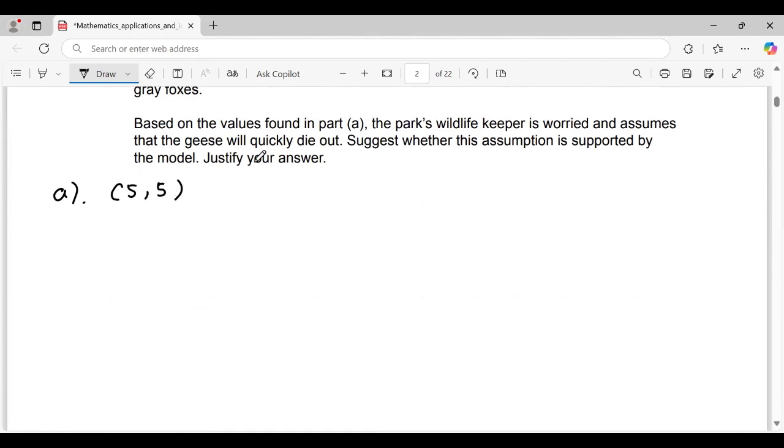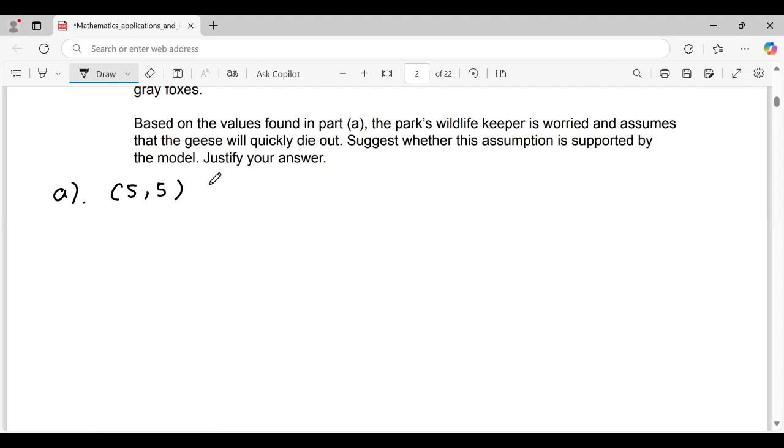Just now I told you that this 5 represents the 500 geese and this 5 represents the 500 foxes. So it means x equals 5 and y equals 5.